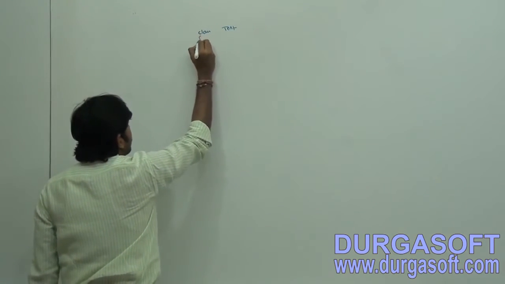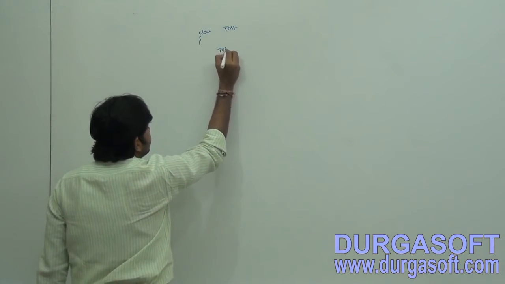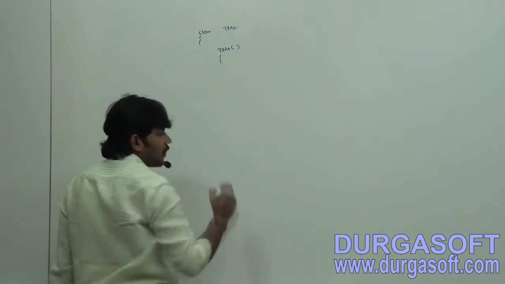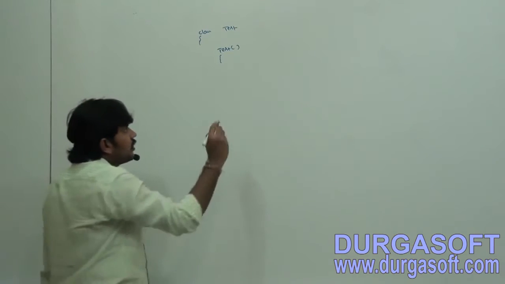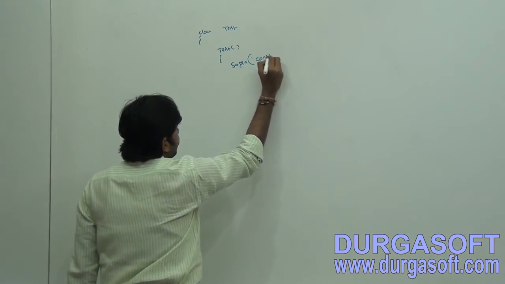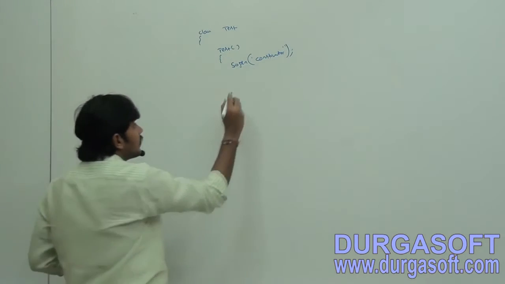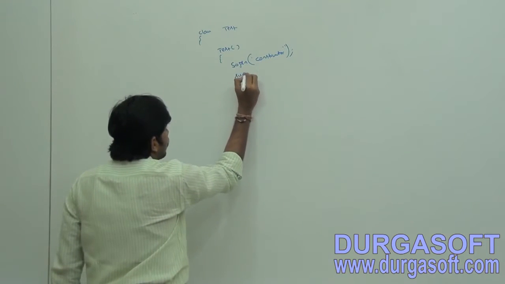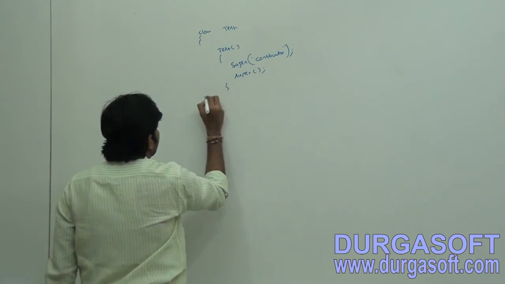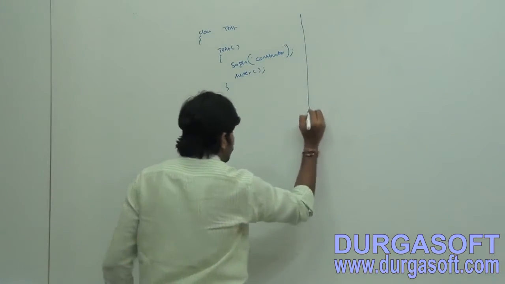Class test, and a test constructor. Within it, System.out.println constructor, and then super bracket open bracket close.